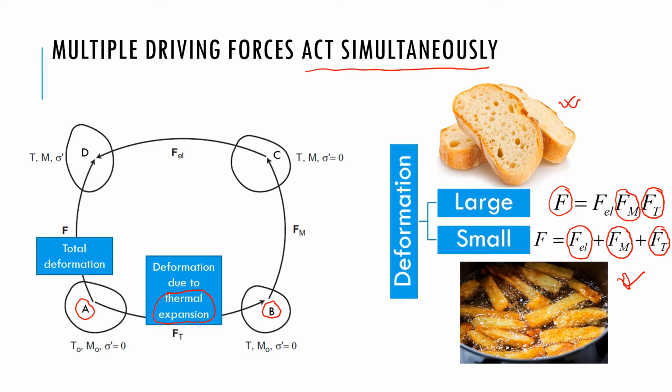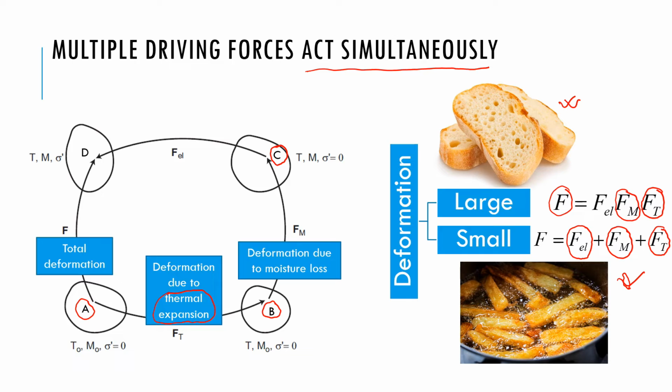Next, we can think of volume change due to moisture change. So the deformation due to moisture loss. In this case, of course, it will be shrinking. And so that is the second effect.